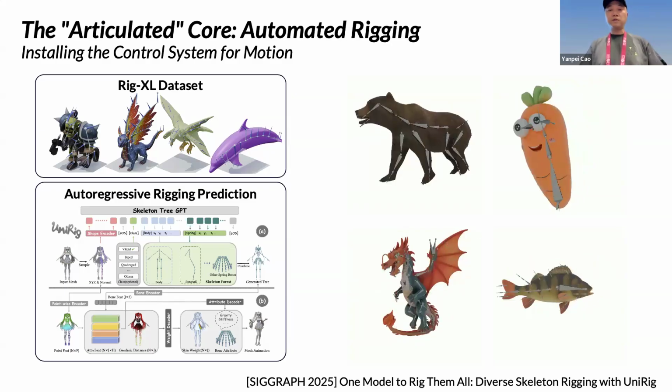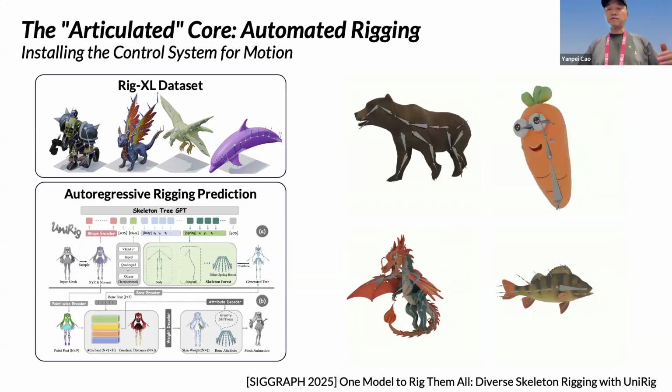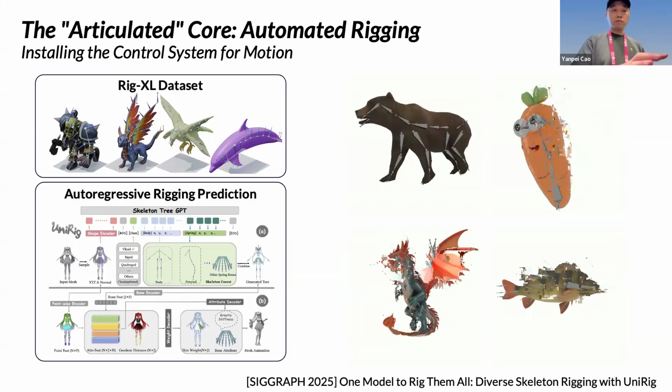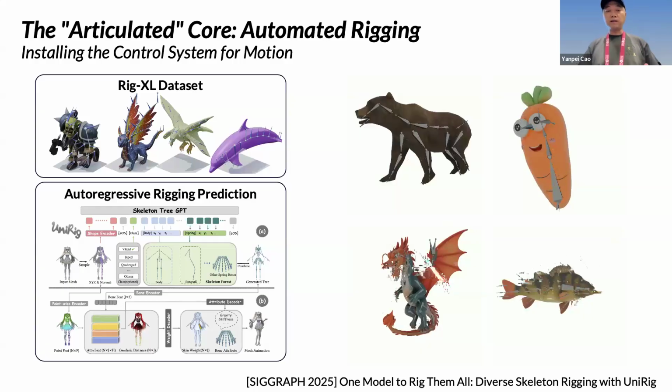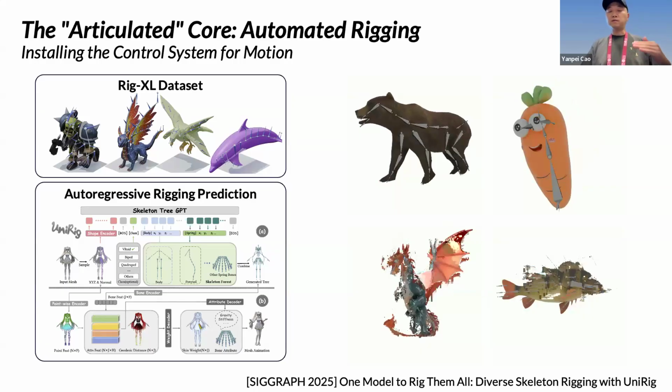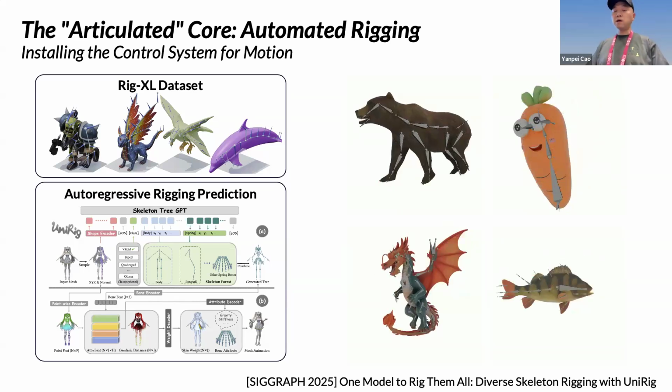Traditional rigging often needs specialized algorithms, different approaches for each class of object. And here our new method, which we call UniRig, aims to provide a unified, automated framework that can handle diverse skeleton rigging for any shape.